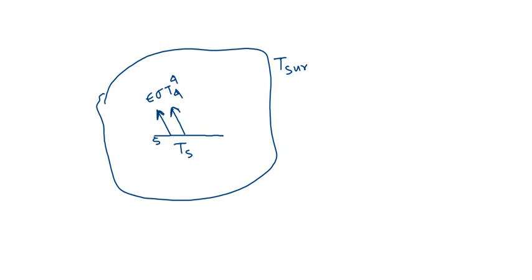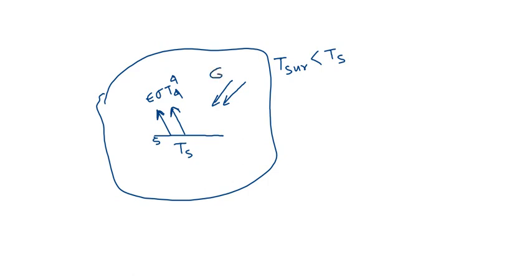Now the surrounding has a certain temperature, that is T surrounding, which may be more or may be less than Ts. Let us consider that T surrounding is less than Ts. But because of its temperature T surrounding, it will also emit radiation, and that radiation definitely falls on the surface.